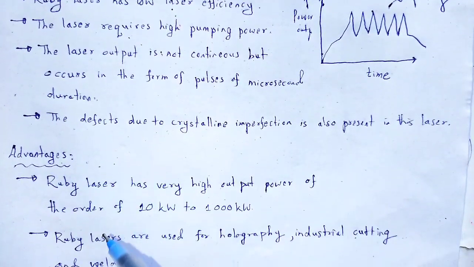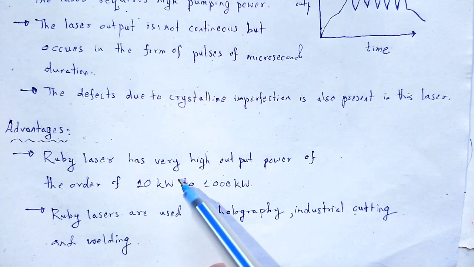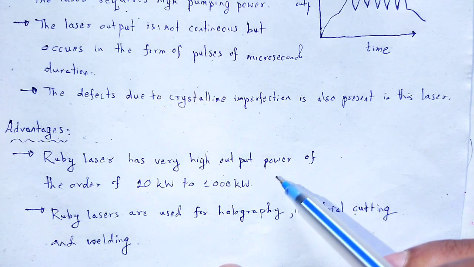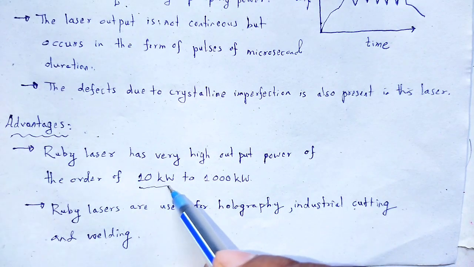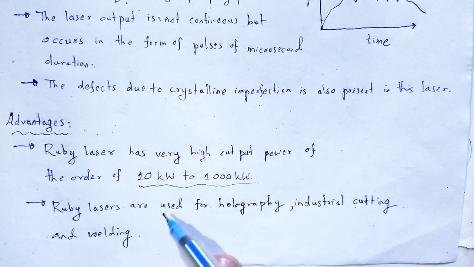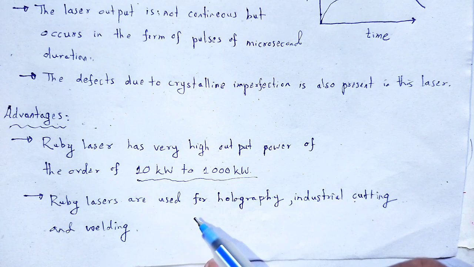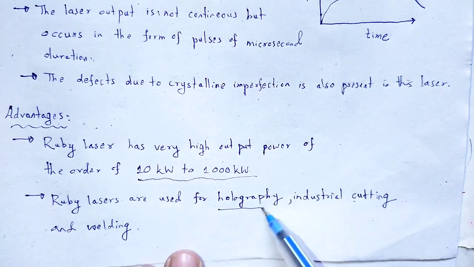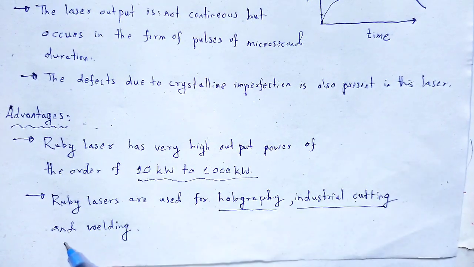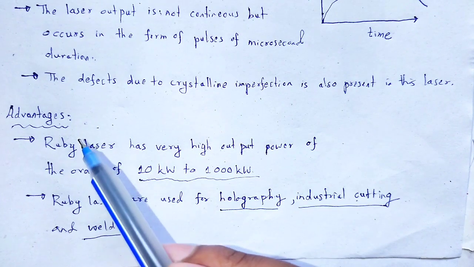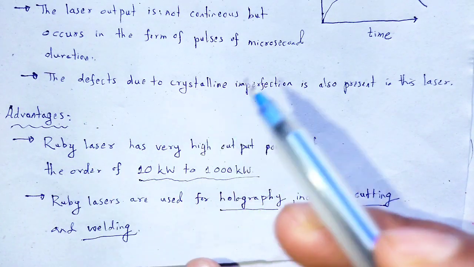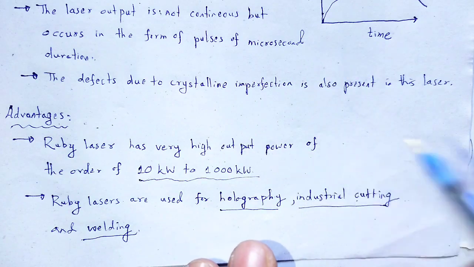Next, advantages of Ruby laser. Ruby laser has very high output power, of the order of 10 kilowatt to 1000 kilowatt, and this type of laser is used for holography, industrial cutting and welding purposes. These 2 points are the advantages, or we can say the applications of Ruby laser.